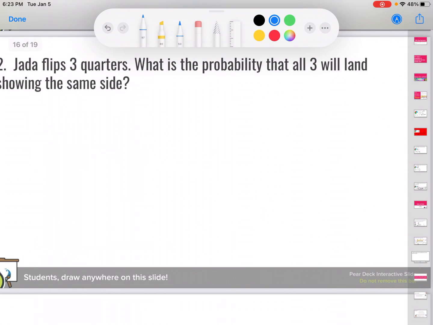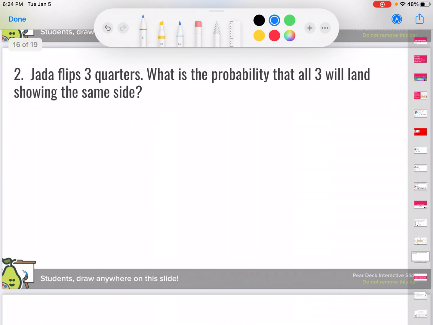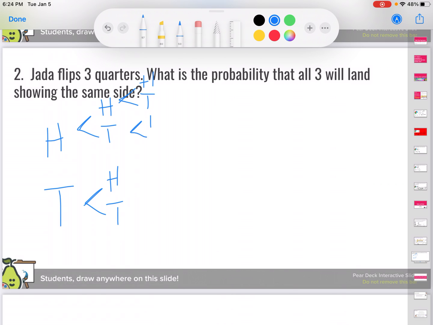All right, Jada flips 3 coins. What is the probability that all three will land showing the same side? Okay, well, let's draw it out. Heads, tails, and then you could have a heads or a tails. And then the third coin, heads, tails, heads, tails, heads, tails, heads, tails.